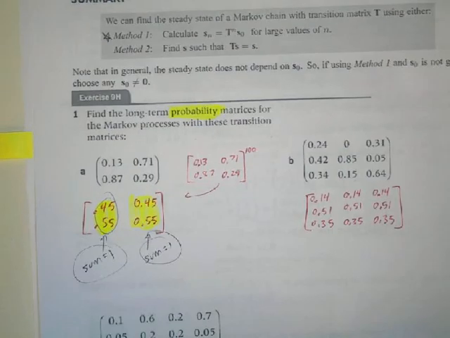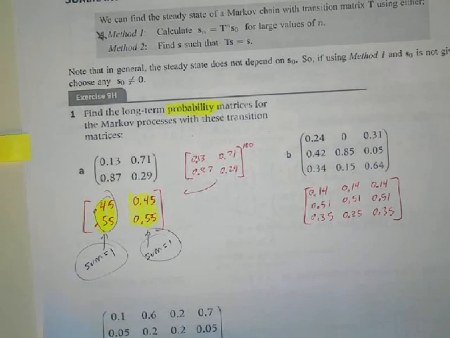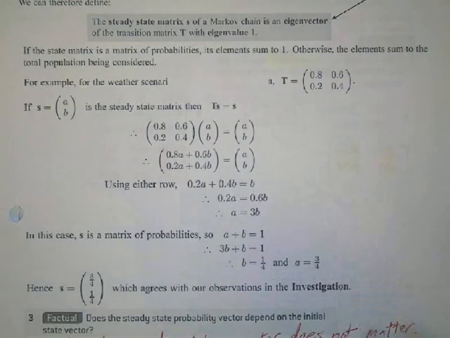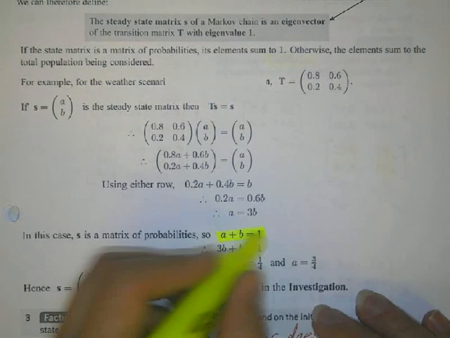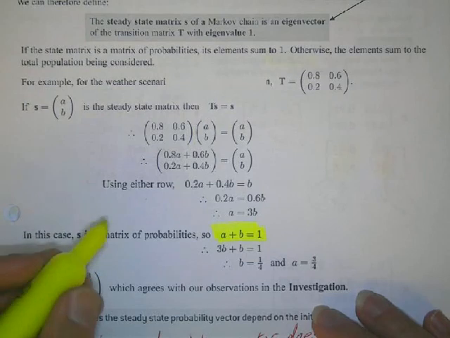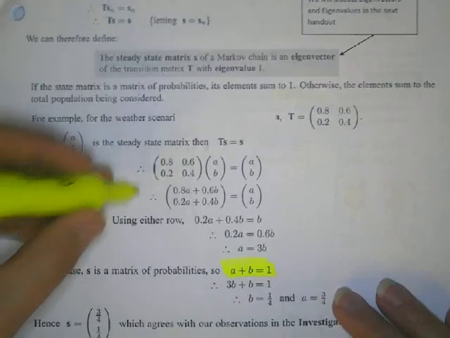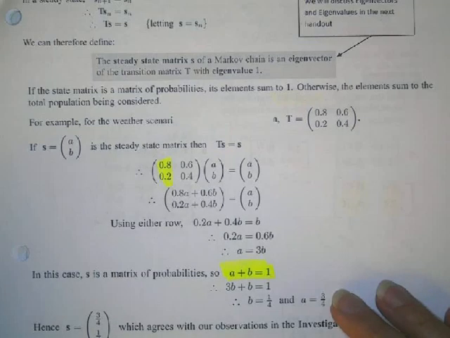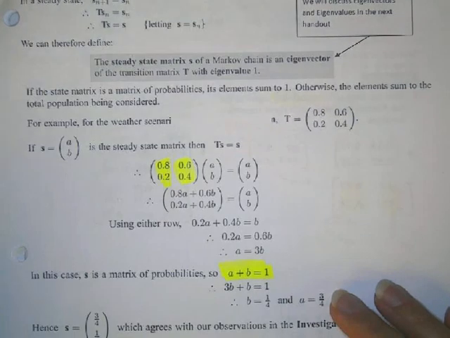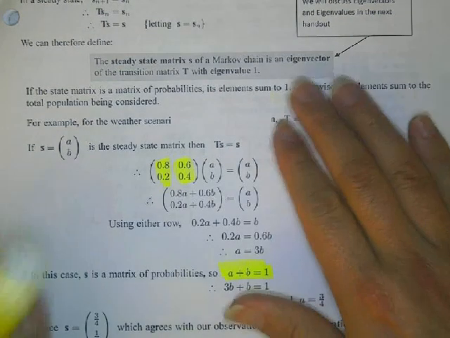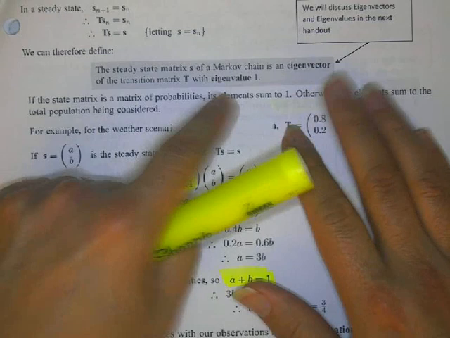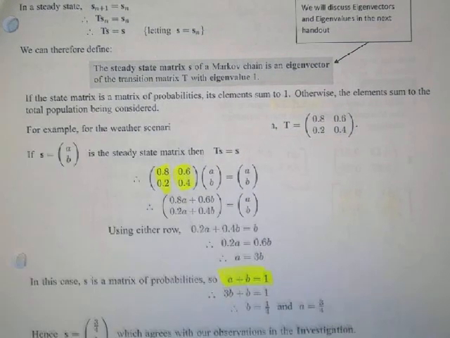And they mentioned that on the previous page, I think. The sum of the probabilities has to be equal to 1. So like here, those sums have to add up to 1, and these sums have to add up to 1. Okay, I know it talks about eigenvectors and eigenvalues up here, and we'll be talking about those in the next lesson.